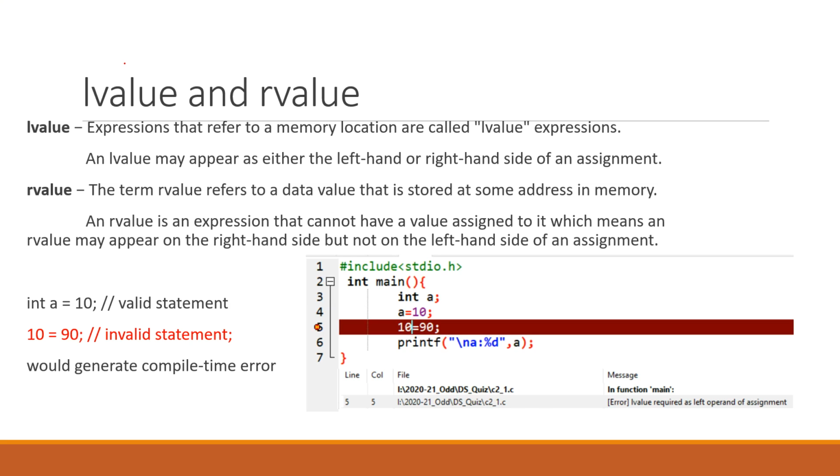Next, L value and R value. I will take the equation x equal to y. In math, we write it like this: x gets the value from y. Whatever value is there in y is stored in x. X is a container.